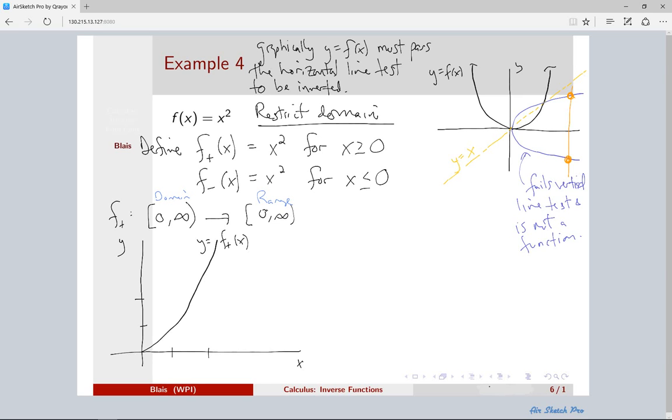And when we invert that about y equals x, we have the function that looks like this.